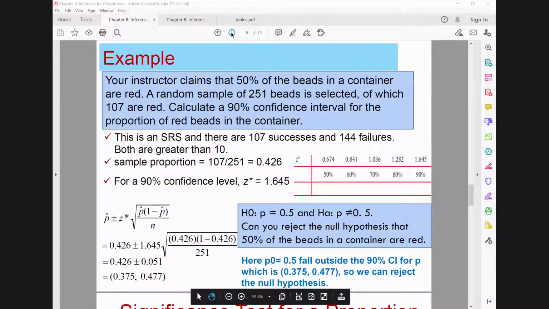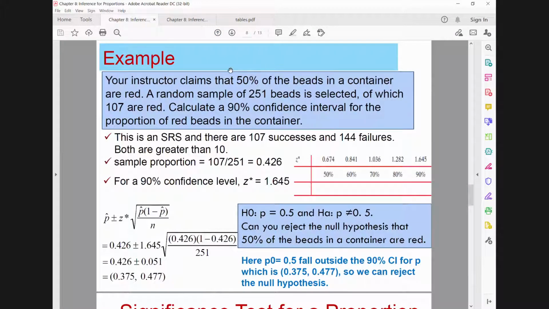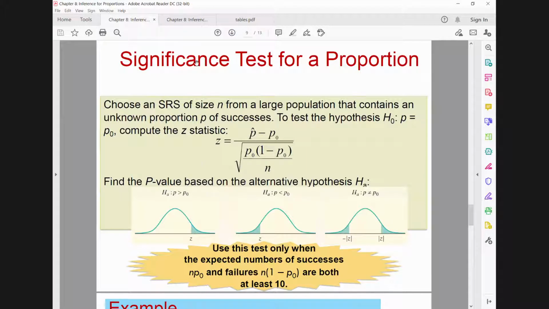Another way is to evaluate the z-score. That means we assume P equals P naught. In this example, we assume P equals 0.5. In general, we can evaluate Z, which is equal to P hat, given by the sample, minus P naught, over the square root of P naught times 1 minus P naught over n.